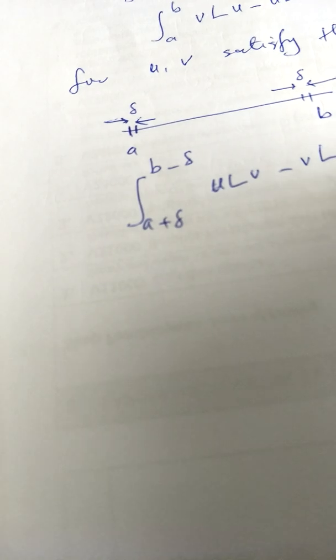Again we can take out a small amount delta. Then instead of integrating from a to b, now we integrate from a plus delta to b minus delta. And again, inside here u Lv minus v Lu, we need to show this equal to 0.